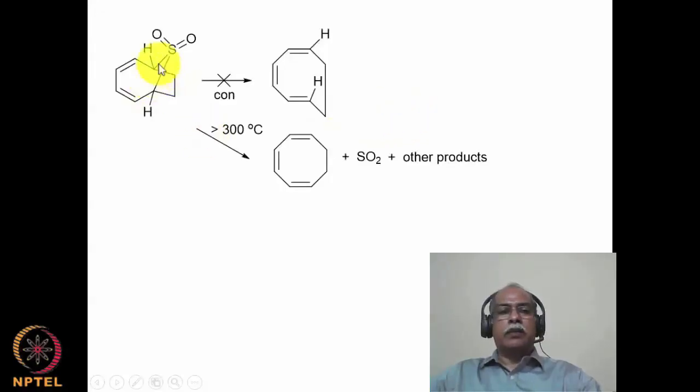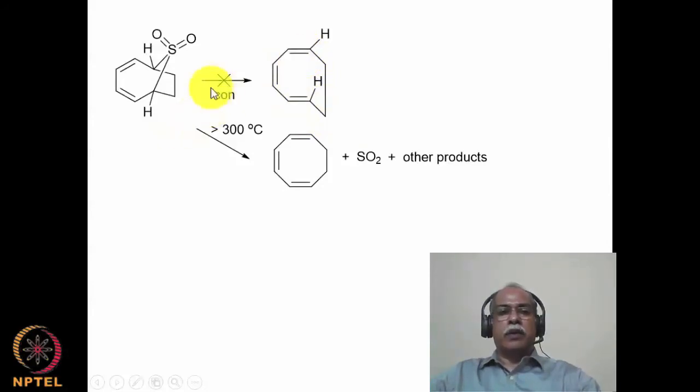Now this molecule, which is a bicyclic sulfone, undergoes extrusion of sulfur dioxide at a very high temperature of 300 degrees, perhaps involving a non-concerted pathway with stepwise breaking of the sulfur-carbon bond. The reason is that if it is a conrotatory process, it would involve the formation of a trans-cyclooctene kind of product, which is not a geometrically favorable system.